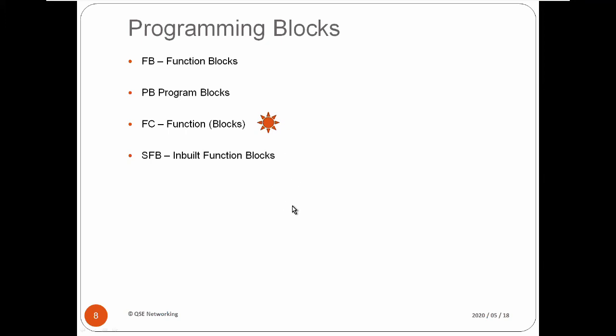So we have FCs for everything, and that calls maybe inbuilt function blocks, or it calls other FCs, and that is typically what we use. So we don't want to stray away by using function blocks, because if we ever want to use an inbuilt function block, it's going to cause a problem. It's got the same function block number, and we cause lots of issues. So stay away from them, use FCs.